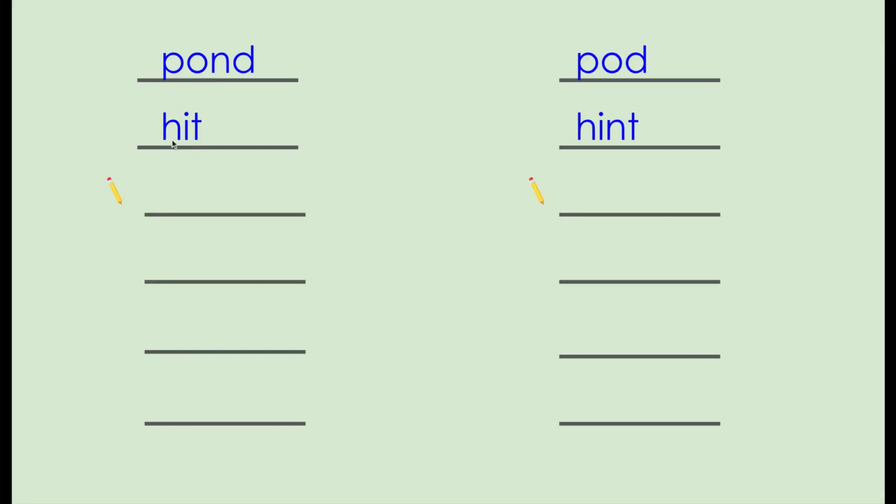Hit is H-I-T. Hint is H-I-N-T. Now write the words chimp and chip.